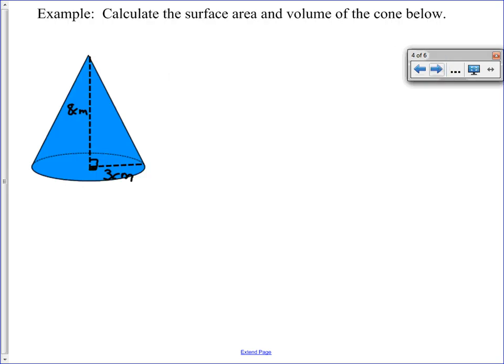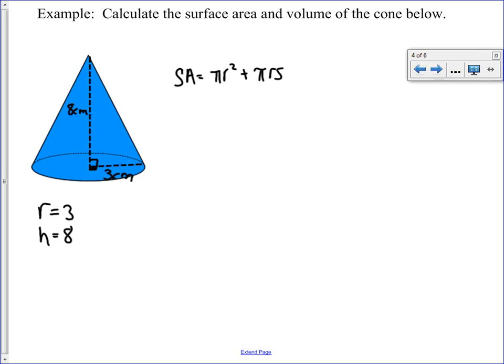First example says calculate the surface area and volume of the cone. So to find the surface area, we know that the formula is pi r squared, so the circular base, plus pi rs, which is the lateral surface area. So let's list what we know. We know that r, the radius, is equal to 3, and the height is equal to 8.